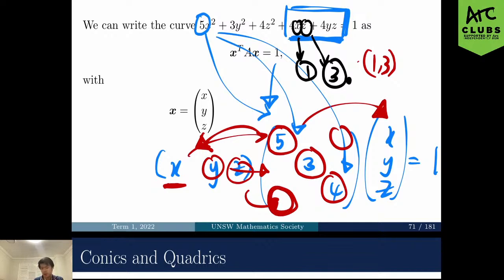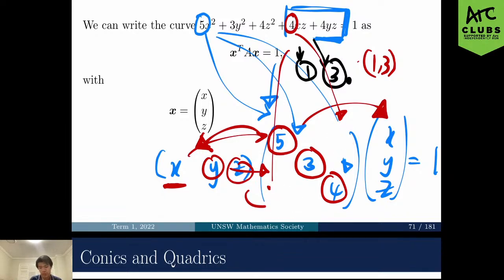And it turns out that if you write any two numbers that add up to 4, it'll work. Split up 4 into 2 and 2, and we'll get something that works fine. But because we want this matrix to be symmetric, we usually split it up in the middle. So divide this 4 by 2, and you'll end up with 2 there, 2 there.